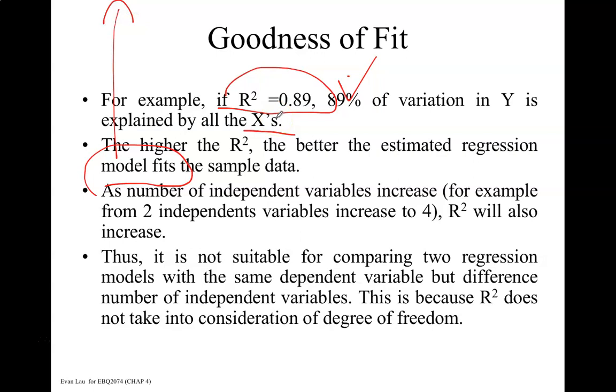That's the indicator. The higher it is, the more fit the model is. But it is not suitable to compare two regression models with the same dependent variable but different numbers of independent variables, because R squared does not take care of degrees of freedom.